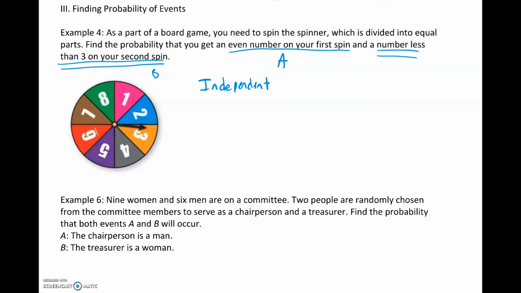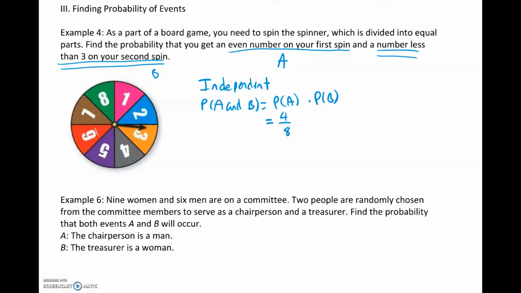So now if I'm looking for the probability of A and B, I'm just going to multiply the probability of A times the probability of B because they're independent. So remember, A is the even number on the first spin, and B is a number less than 3. So what you want to do is just look at each probability separately. On the spinner, how many numbers are even? Well, 2, 4, 6, 8. So that's 4 out of 8 because they're all equally likely.